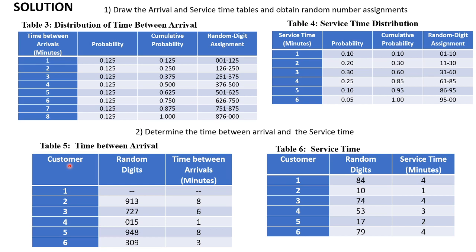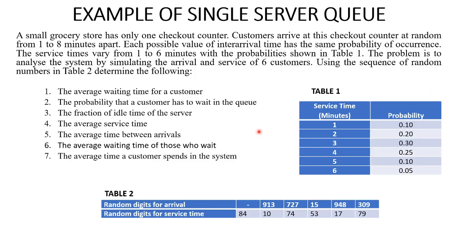So first, we have 6 customers in the system that we are to analyze: customer 1, customer 2, customer 3, customer 4, customer 5, customer 6. If you look at the random digit table, there is a dash in the first column.